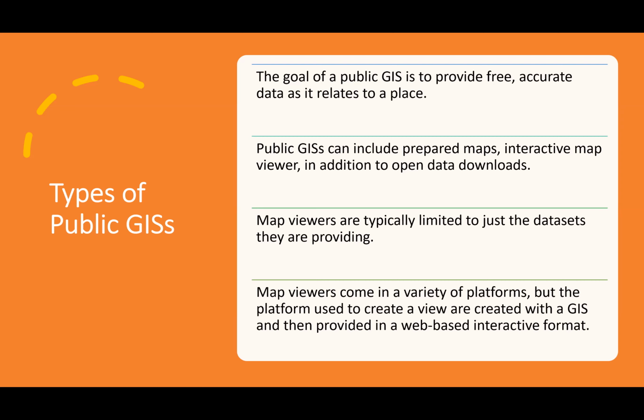So again, that's anecdotal, but you will find that most public GISs have some sort of disclaimer saying that the data can't be used in court or something like that, and that the provider of the data, even though they may be the authority on the data, can't guarantee its accuracy in certain time instances.